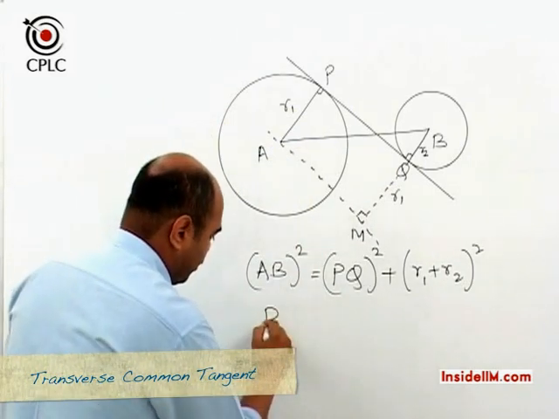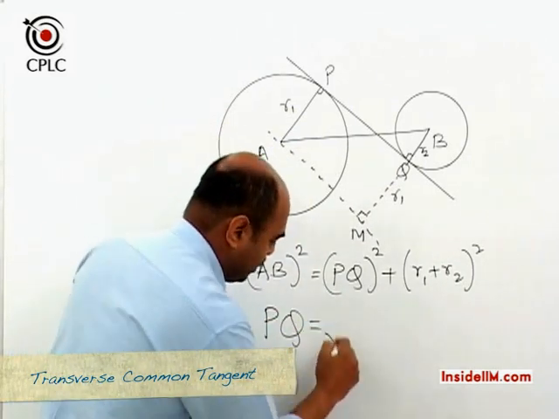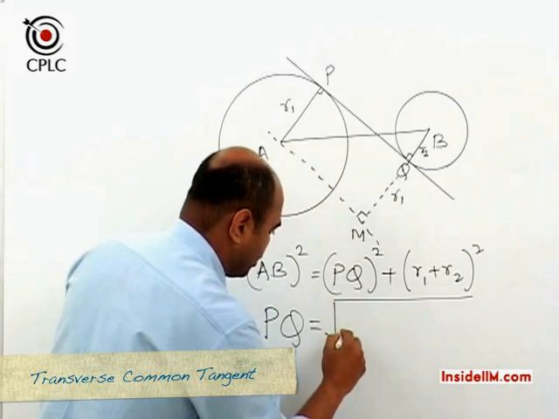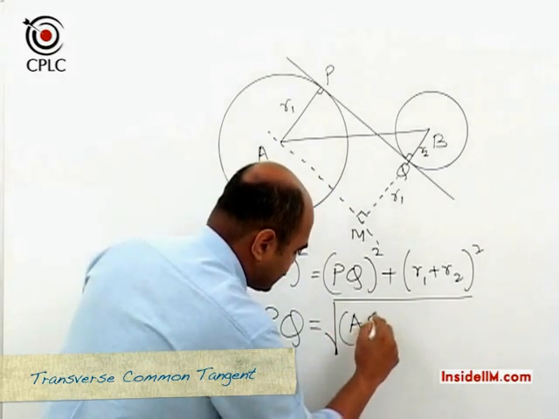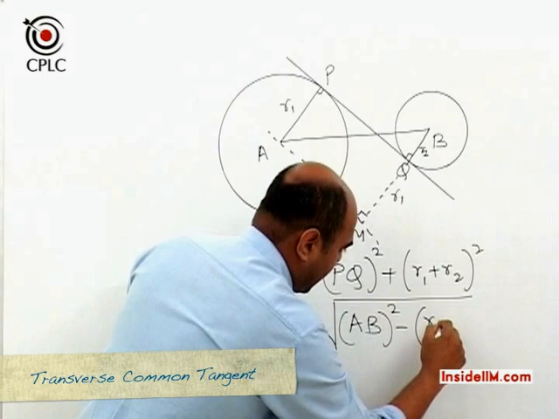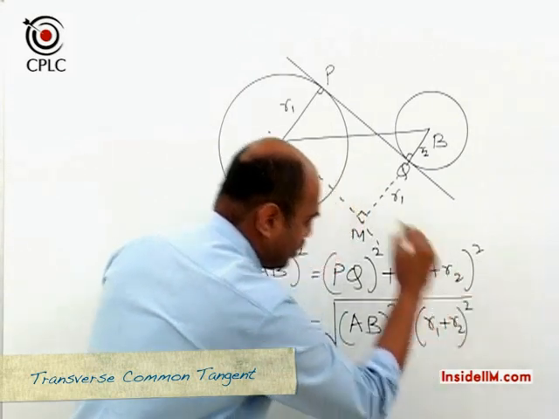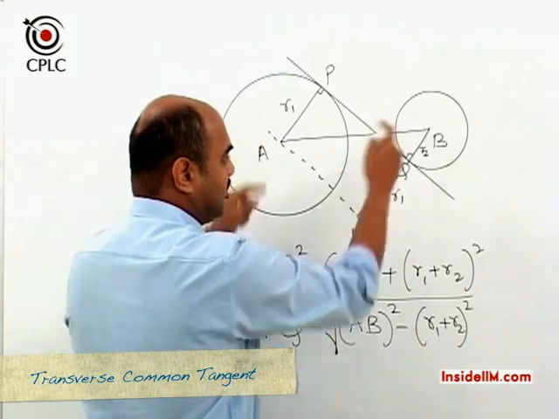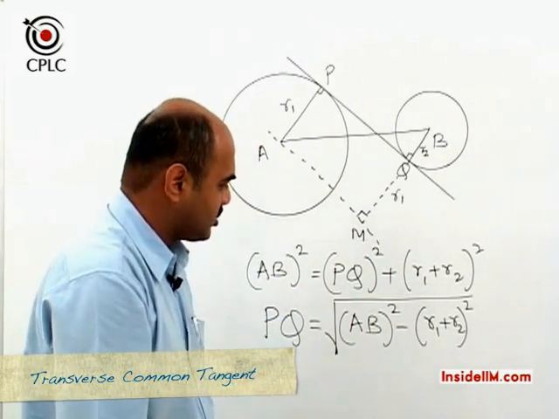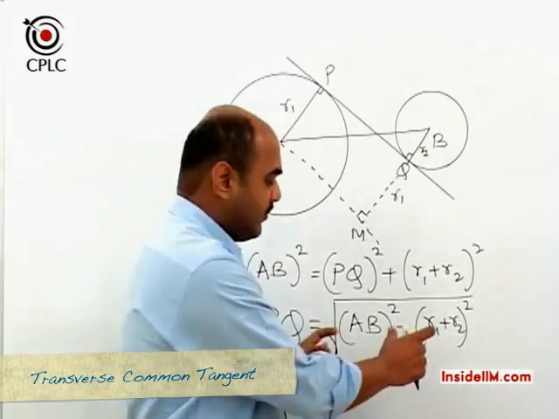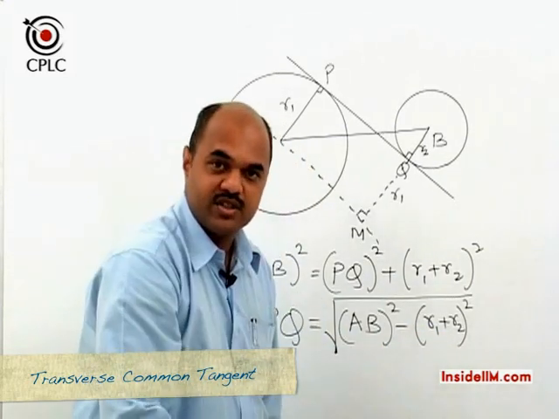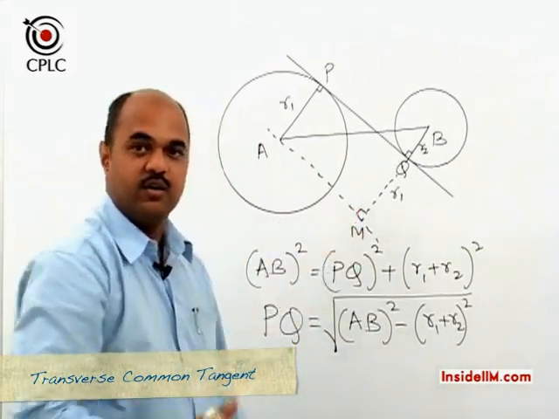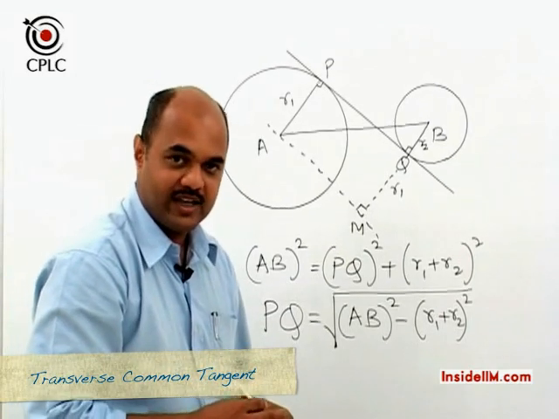Hence the formula for PQ becomes the square root of AB square minus R1 plus R2 the whole square, which is the square root of the square of the distance between the centers minus the square of the sum of the radii.